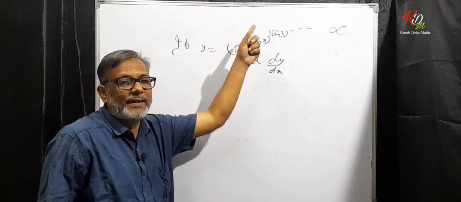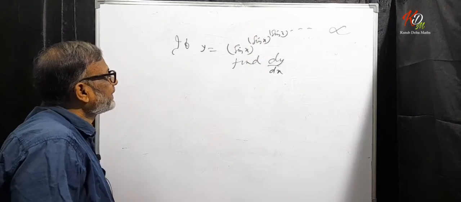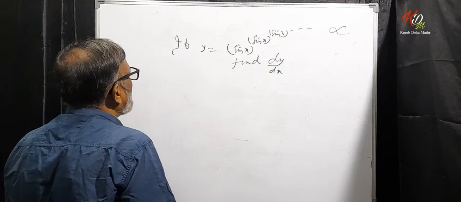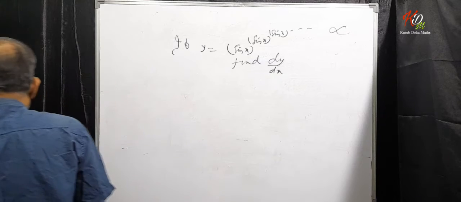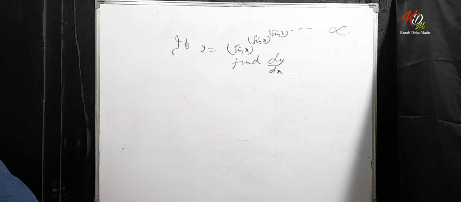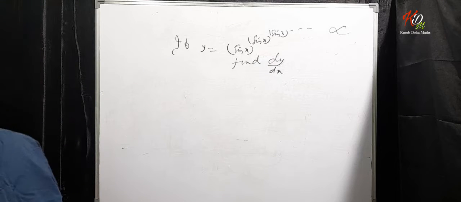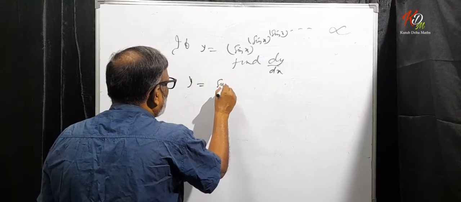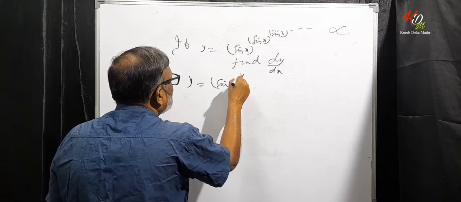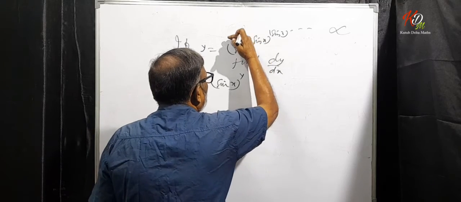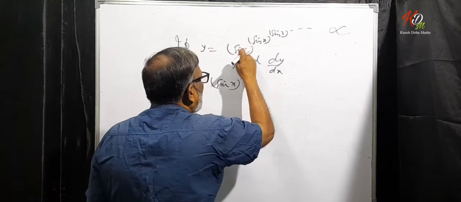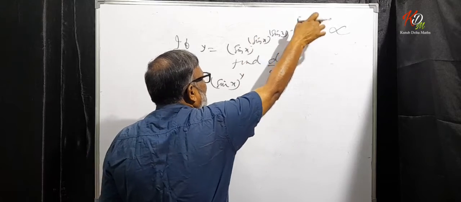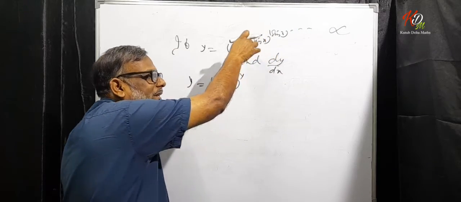Sin x, sin x, sin x up to infinity. So y equal to sin x to the power y, because the whole exponent is y, obviously.